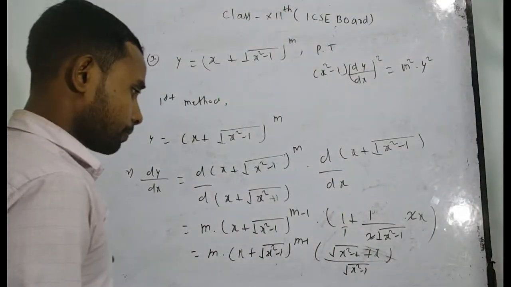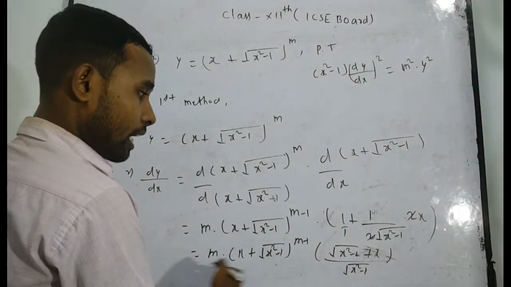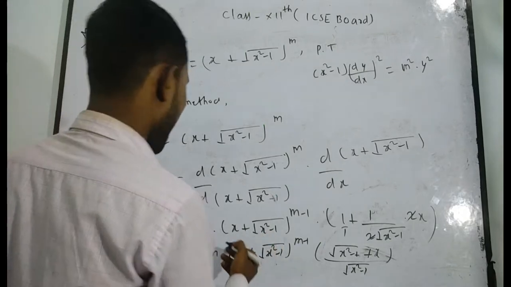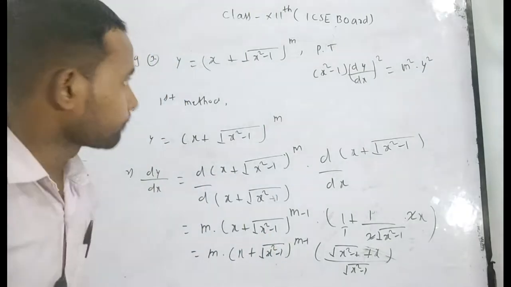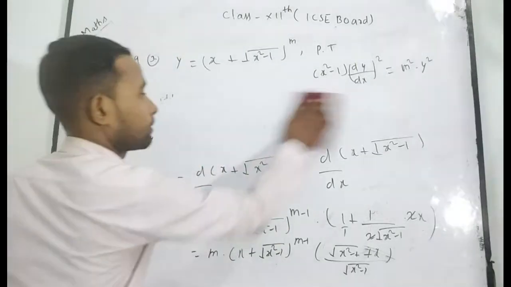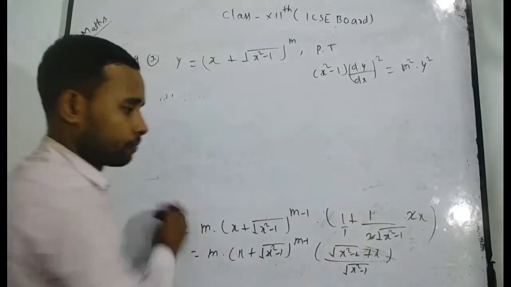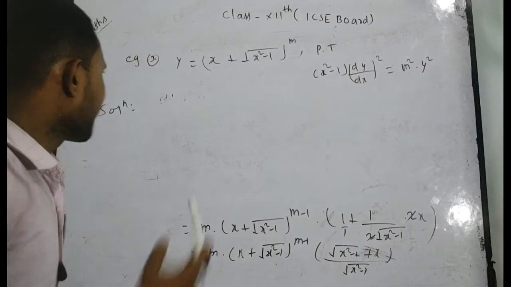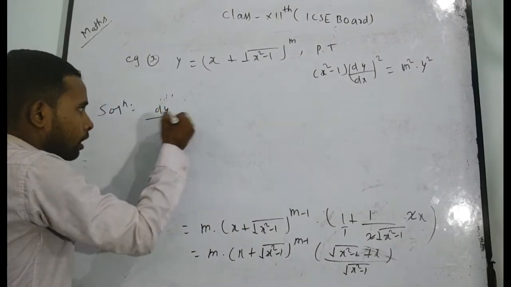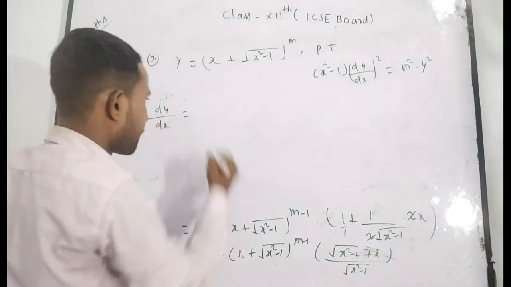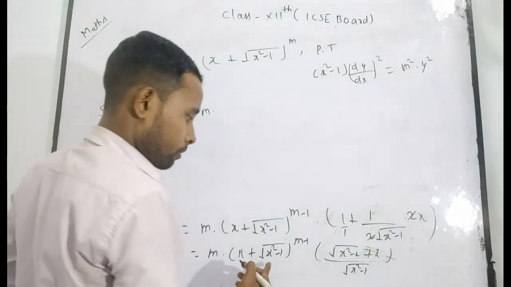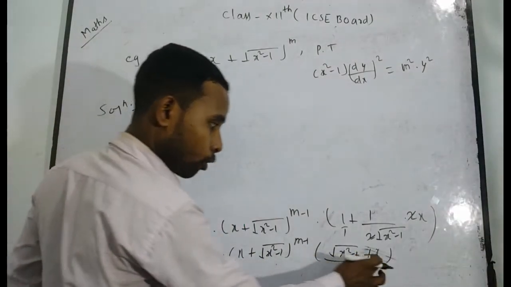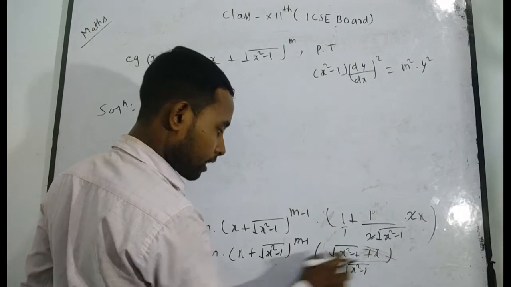Now, as you have got this, I want to rub the above part. Can I rub? Now you will get dy/dx is equal to m into, in the numerator both terms are the same.